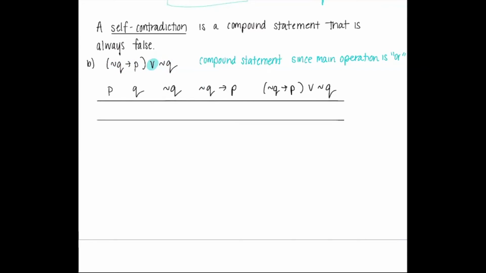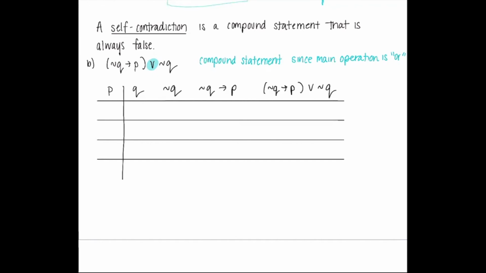So again, we've got 4 rows. Okay. So P and Q are true, true, true, false, false, true, false, false.